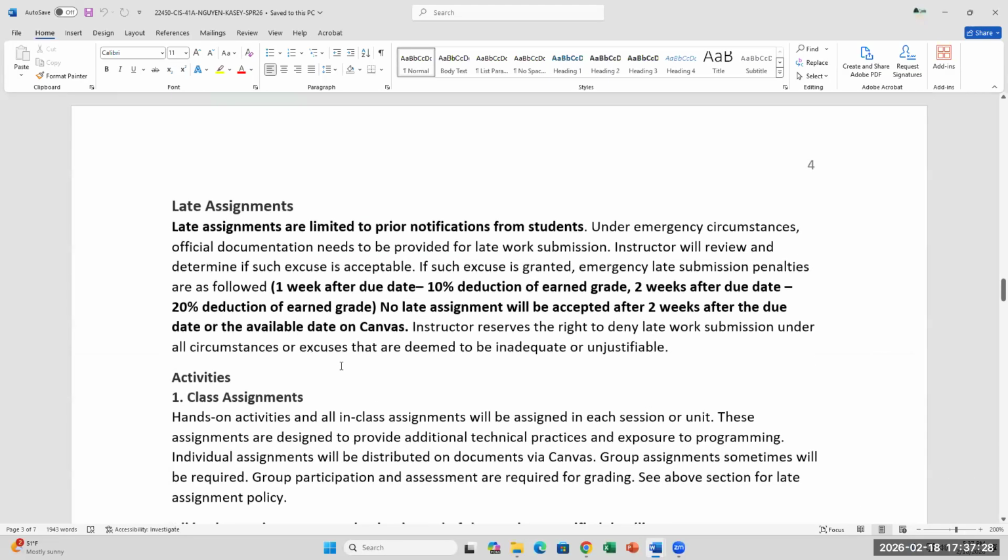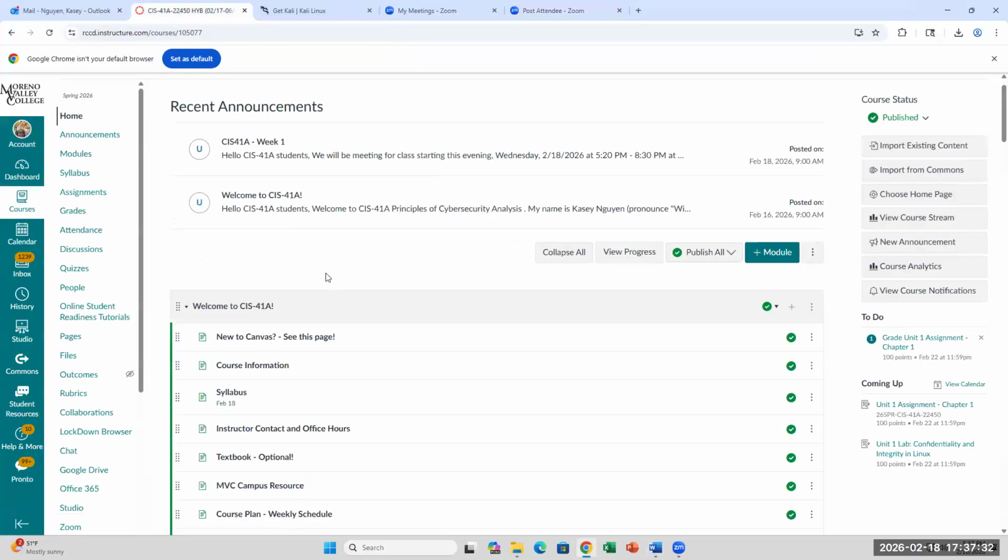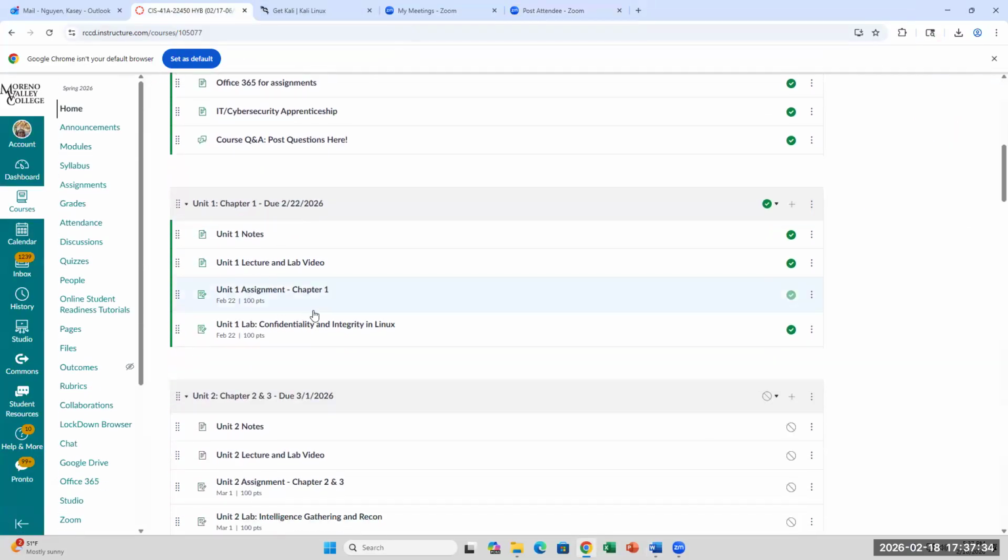Okay. So when you look at your course, right? I put everything in modules like this, okay? It has the due date at the top. Usually all assignments and labs are due at the end of the week. So if you turn it in today, right, I will grade it after Sunday. You can look at the module and you can see there's an assignment. You can also click assignments and it also lists assignments by category.